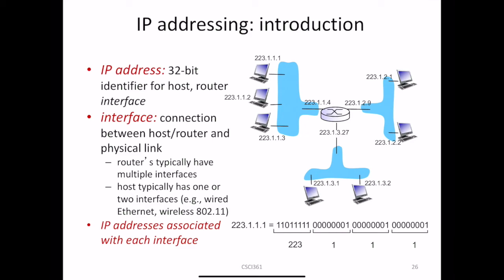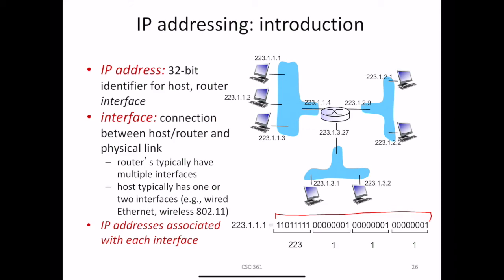Therefore, each IP address has a 32-bit identifier, which is used to identify the host or router interface. For example, here we have an example, which is 32 bits to represent an IP address.